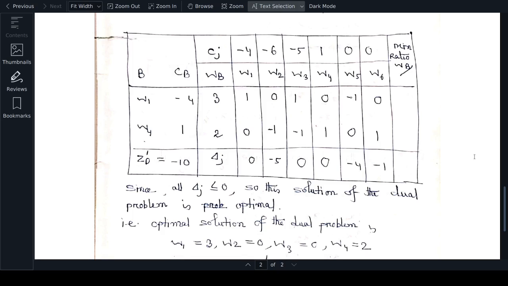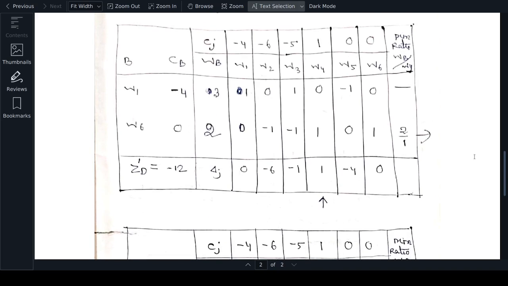Next we fill up the first row. How to fill up the first row? New element equals old element minus the intersection of key row and key column. So here you see 3 minus 0 into 2 divided by 1. So this is always multiplied with 0, so the first row will remain the same.